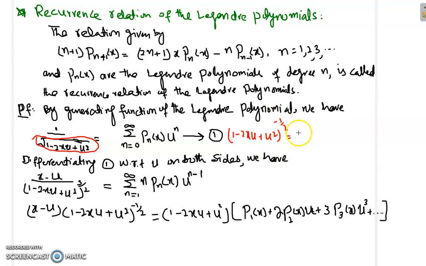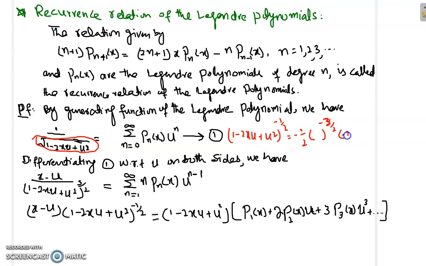Using the power rule, it can be written as minus 1 by 2, and the same expression with its power being minus 1 by 2 minus 1, which will be equal to minus 3 by 2. And the further derivative of this expression with respect to u is minus 2x, and this one is plus 2u.